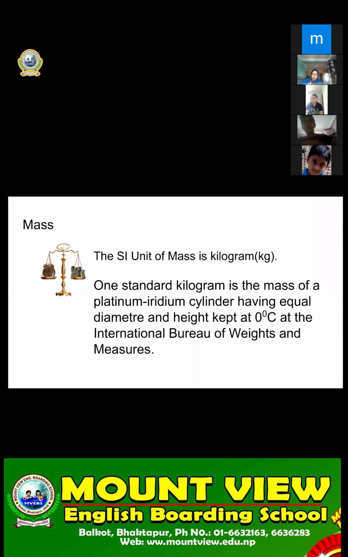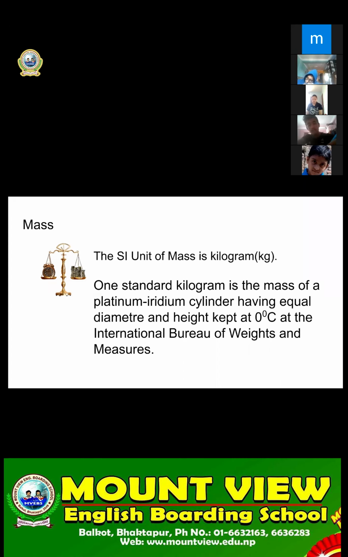One standard kilogram is defined as the mass of a platinum iridium cylinder having equal diameter and height at 0 degrees Celsius at the International Bureau of Weights and Measures. Means there is one cylinder, which is made of an alloy. The alloy is a composition of two metals. One is platinum and another is iridium.